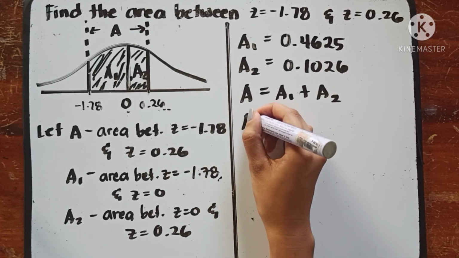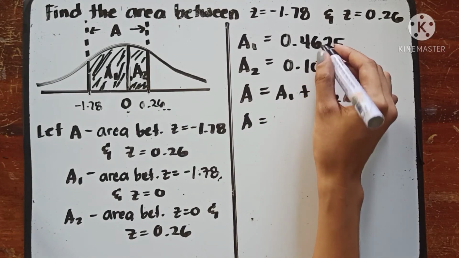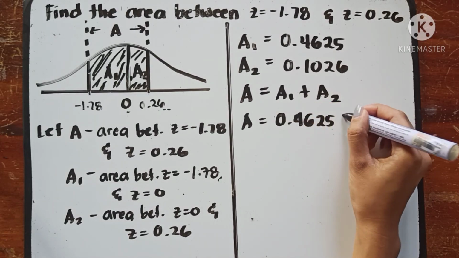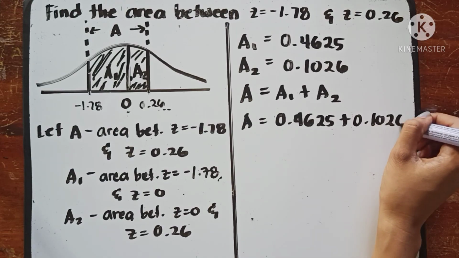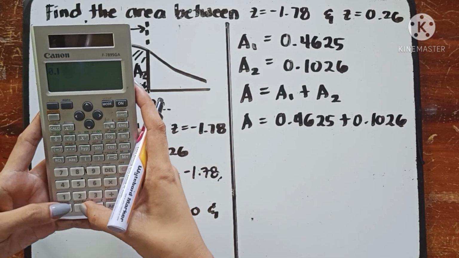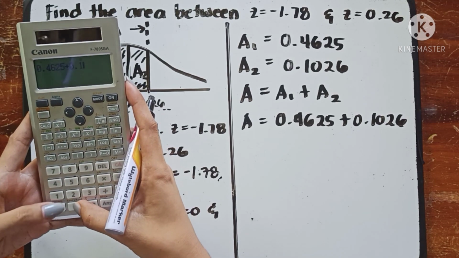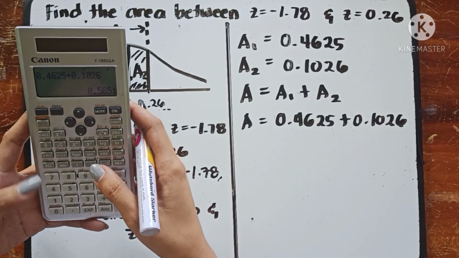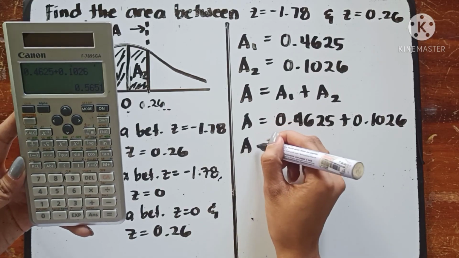Okay? And A is equal to, substitute lang natin, ano yung A sub 1, ano yung A sub 2. A sub 1 natin is 0.4625. Then plus, A sub 2 natin, which is 0.1026. So, 0.4625 plus 0.1026 is equal to 0.5651. Okay?